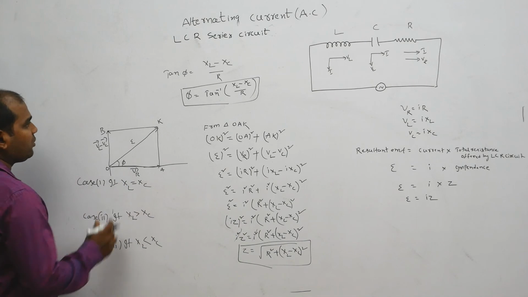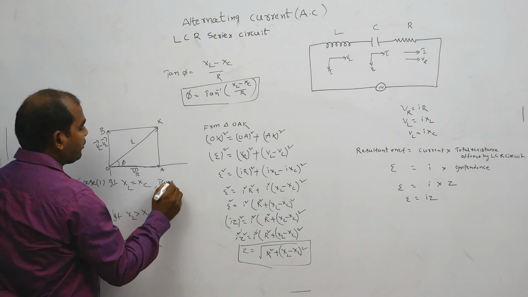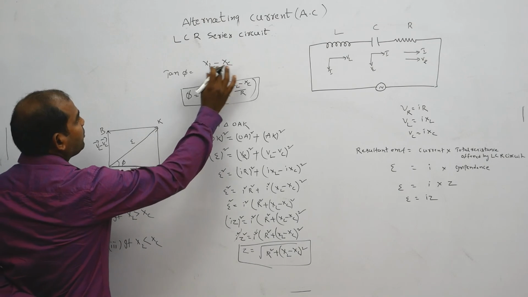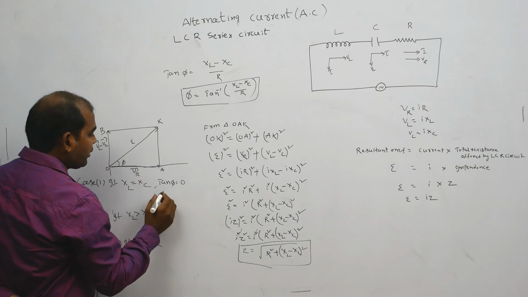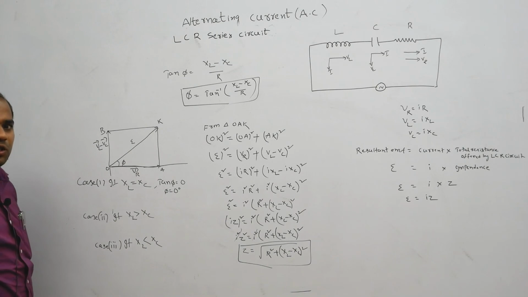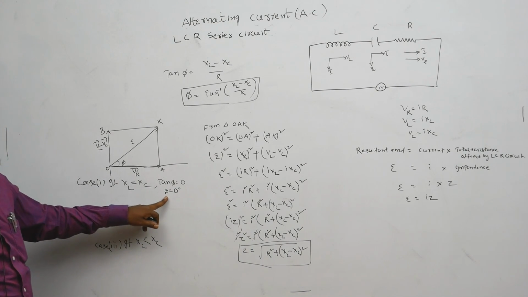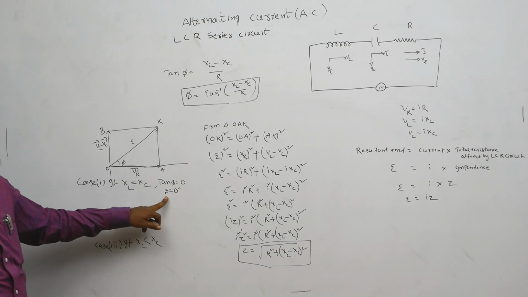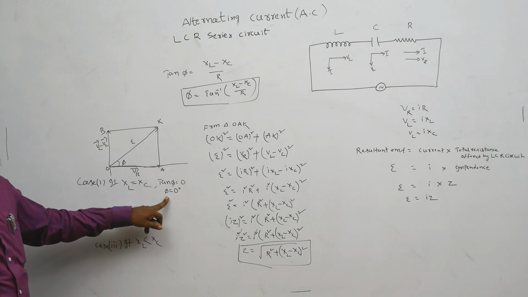If XL is equal to XC, in the tan phi formula what will happen? The numerator value becomes 0, then tan phi is 0. Then when tan phi is 0, phi becomes equal to 0 degrees. In which type of circuit is the phase difference 0? That is a pure resistance circuit, we already discussed. In a pure resistance circuit, the phase difference is 0, which means the current phasor and EMF phasor are in the same phase.